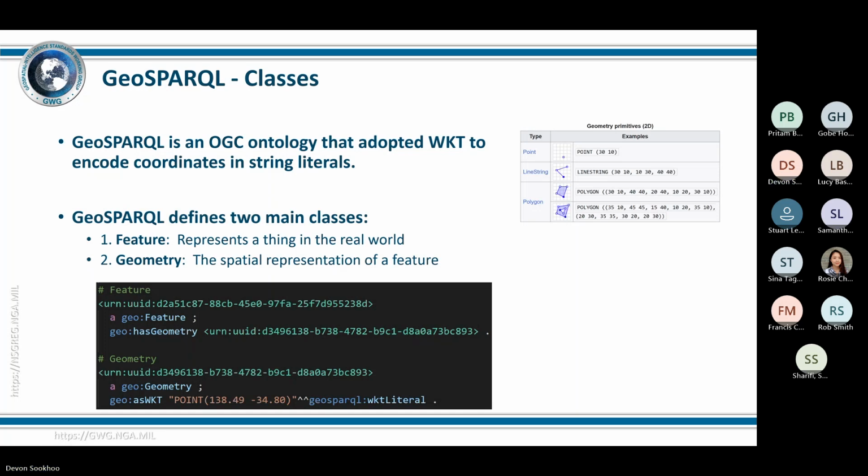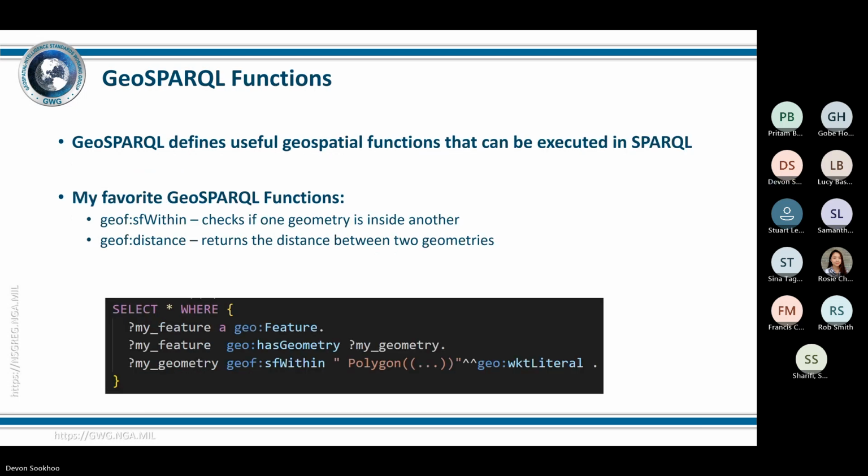So from a class perspective, GeoSPARQL is very simple. It's really just these two classes, feature and geometry. In addition to classes, GeoSPARQL defines a list of geospatial functions that can be executed in SPARQL, and these functions are really the power behind GeoSPARQL.